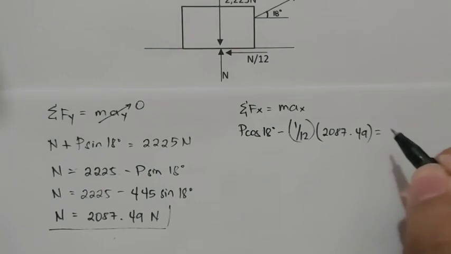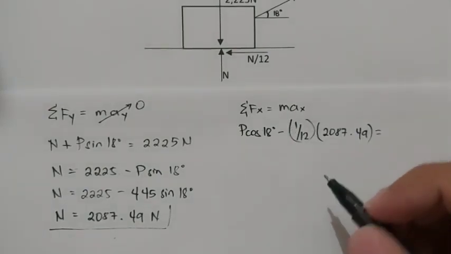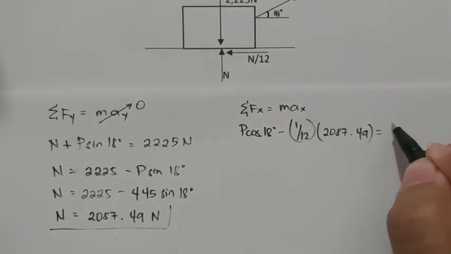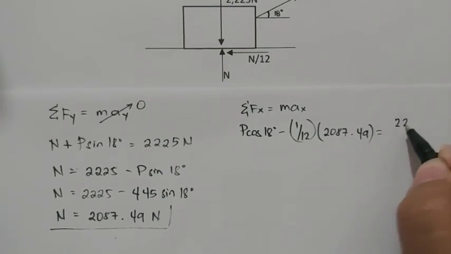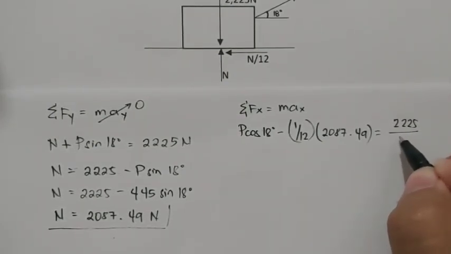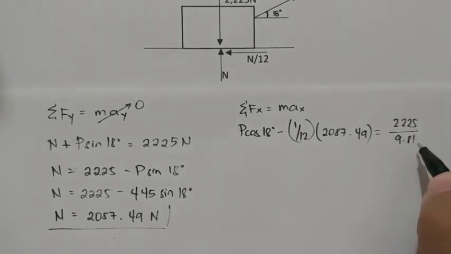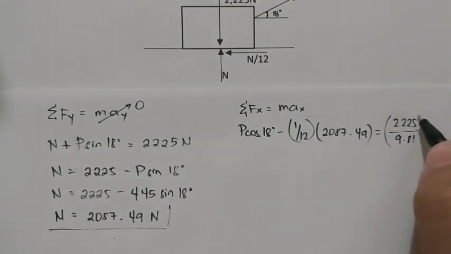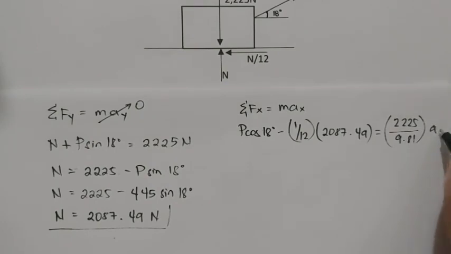Then this is equal to the mass. The mass is equal to 2,225 over the acceleration of gravity, 9.81, times the acceleration along the x-axis.